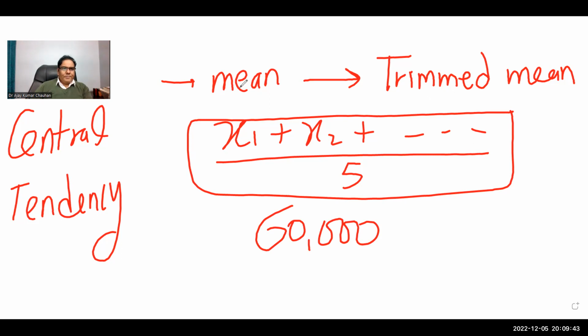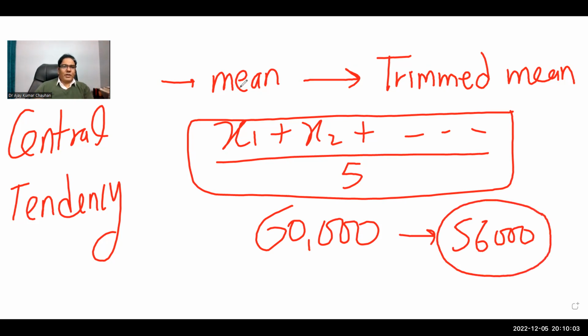And if I say, remove the salary of the director or CEO from this. So what will happen? This mean comes down to 56,000. So what happens sometimes after removing only a single person, the average is coming down drastically. So this is the problem of mean. Mean is highly sensitive to the outlier.